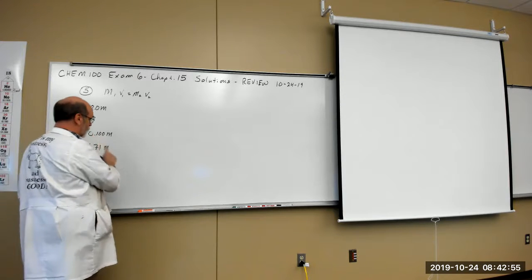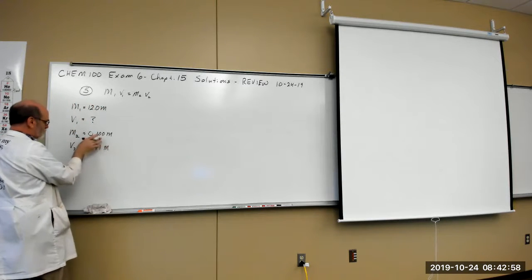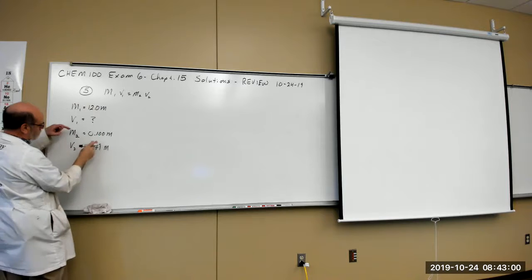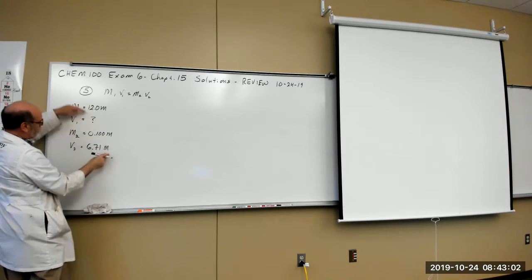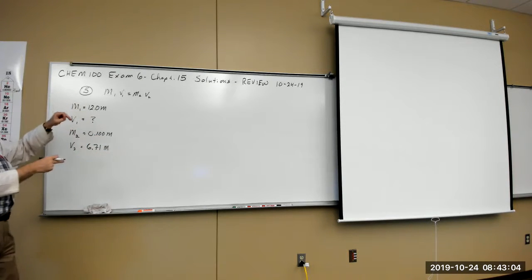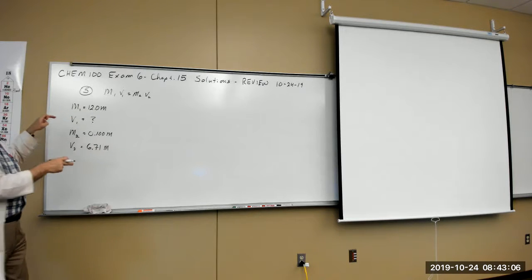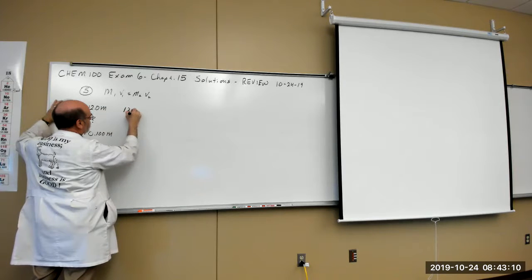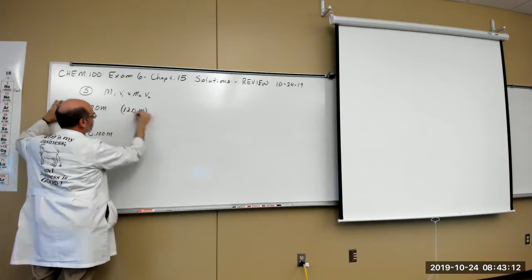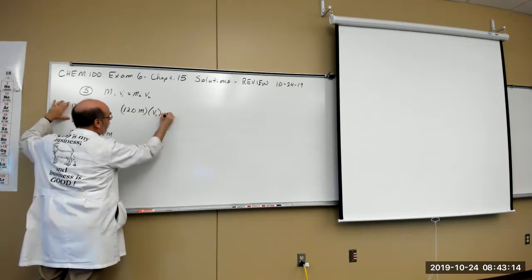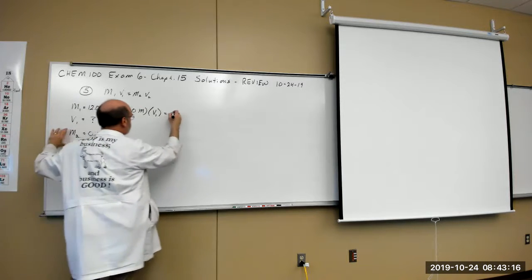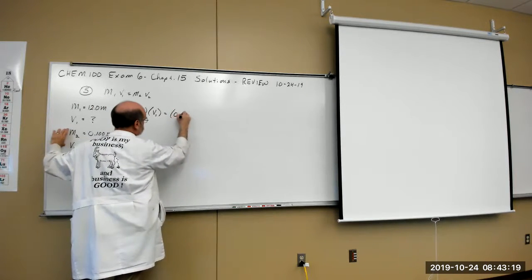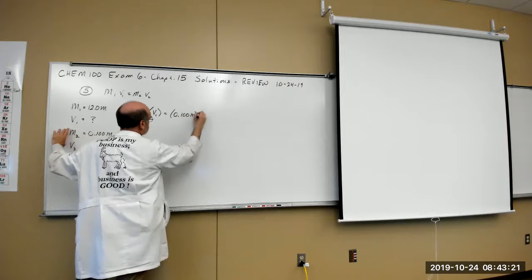If you don't do that first, then you could pair this one with that one, and this one with that one, and then your ship is sunk. So we have 12 molar here. We have the unknown volume. We have the target concentration and its volume.